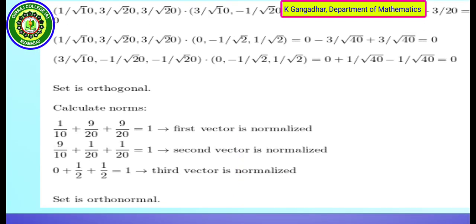Next we want the inner product of same vectors: u dot u is 1, v dot v is 1, w dot w we also get 1. So the inner product of same vectors is 1 and different vectors is 0. Therefore the given set of vectors is an orthonormal set.